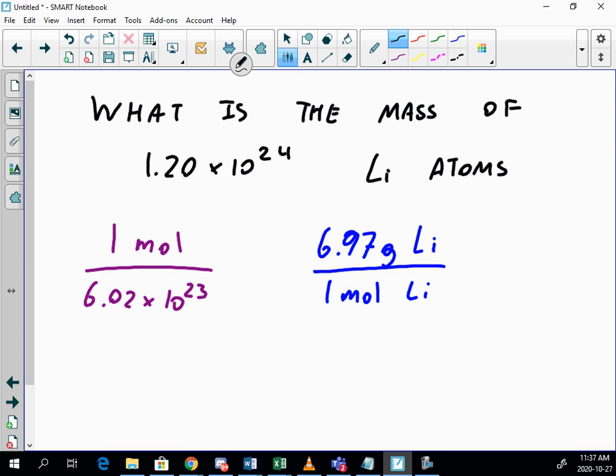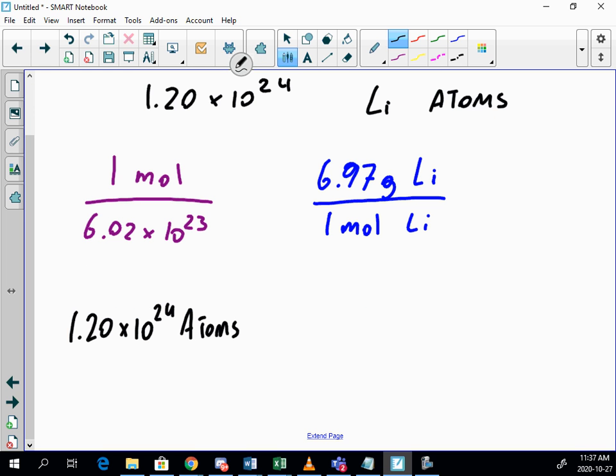I have 1.20 times 10 to the 24 lithium atoms. I want a final answer that's telling me about some amount of grams of lithium.